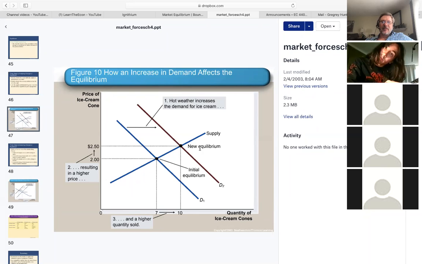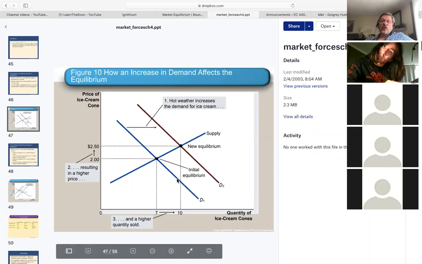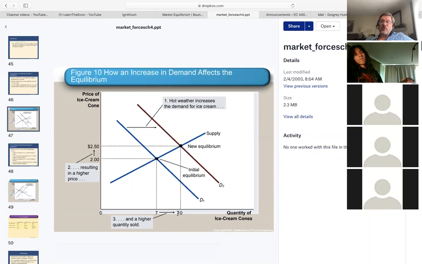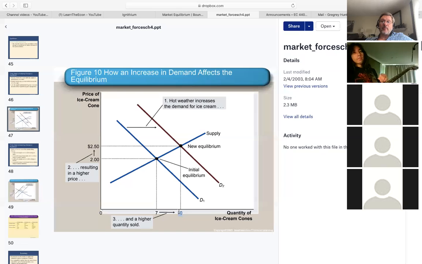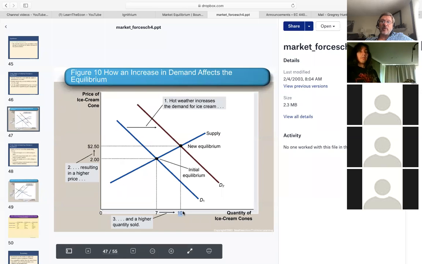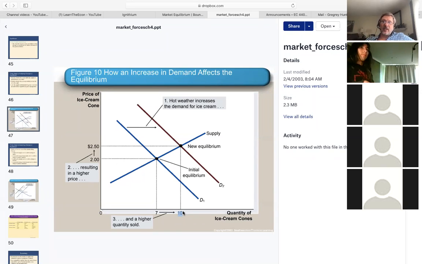It's just 50 cents more. Yeah, so you had an increase in demand holding supply constant, and you got an increase in the equilibrium price. And down at the bottom, there's an increase in the quantity of the good traded. So ice cream prices go up, and more people buy and sell ice cream. There's more ice cream being traded.